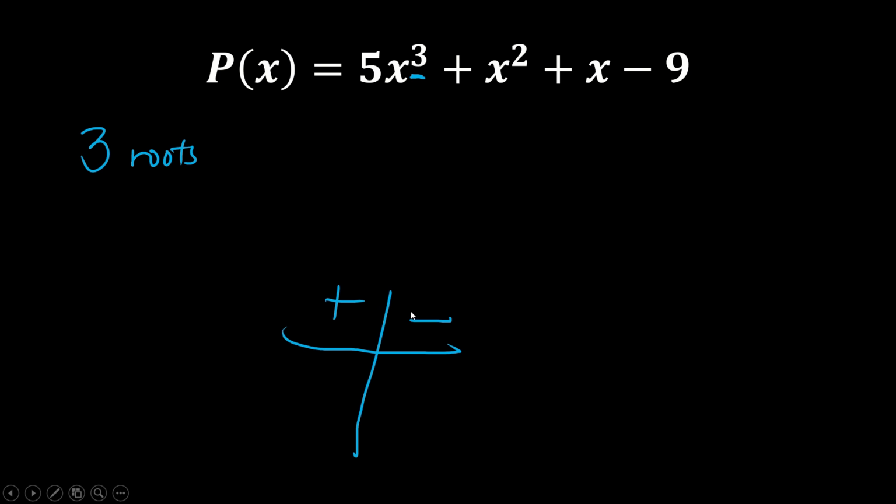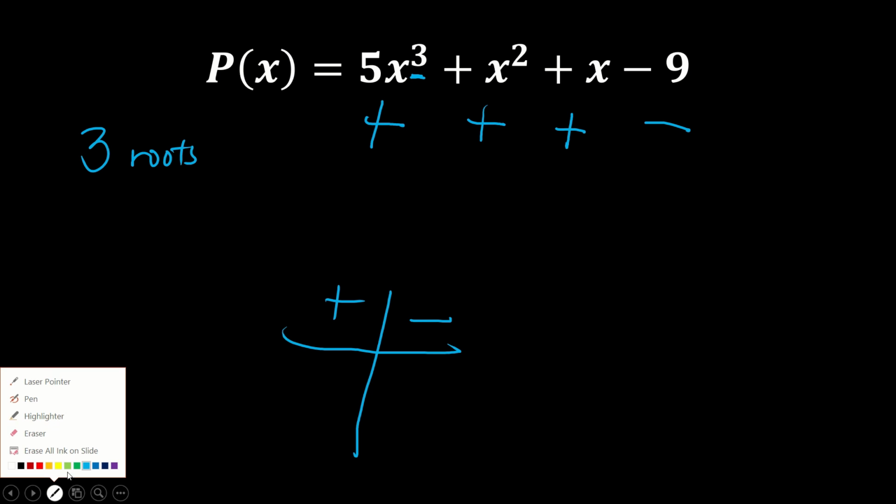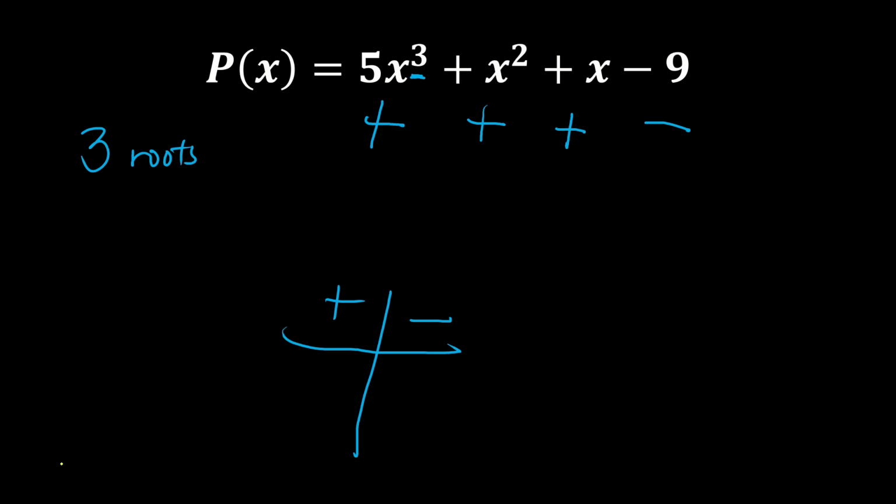So, again, alamin natin kung ilang beses nagpalit ng sign. So, 5x cubed. So, this is positive. Sunod, plus x squared. So, positive ulit. Plus x, positive ulit yan. Then, minus 9, negative. Sunod, alamin natin kung ilang beses kaya siya nagpalit.